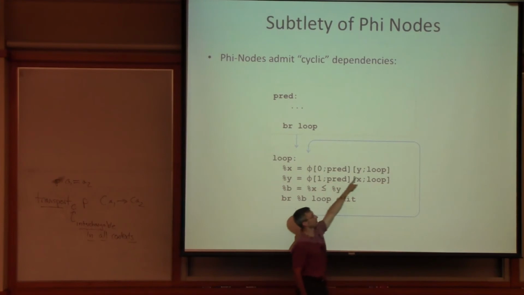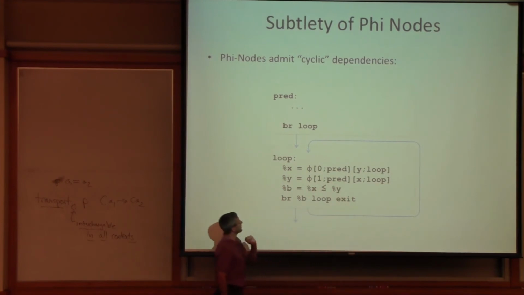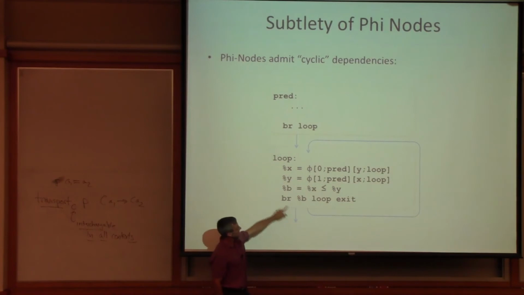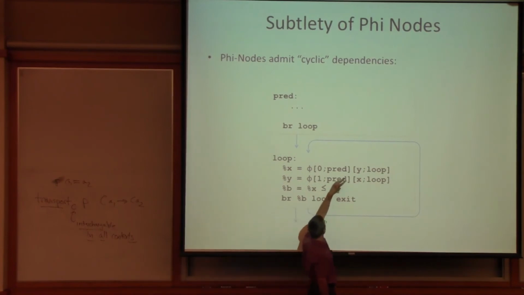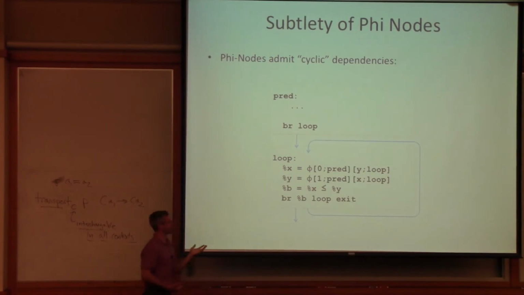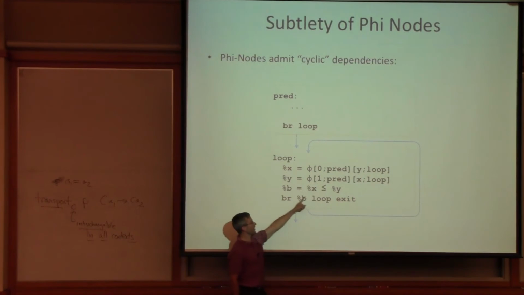So there are 2 cases for the phi nodes. In the case that we come from the predecessor, we're going to assign x0 and y1. And in the case we come from the loop block, we're going to assign x to y, and y to x. This is actually a perfectly well-defined program. Then we compare x and y, and if x is less than or equal to y, we branch back to the loop, and otherwise we exit.